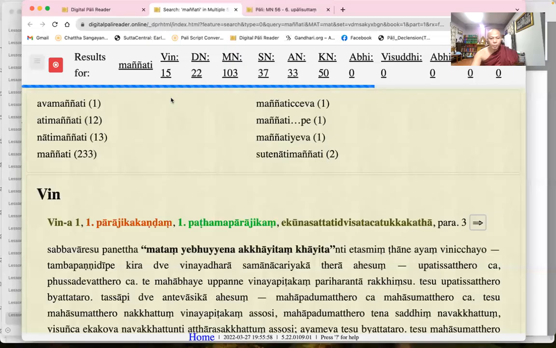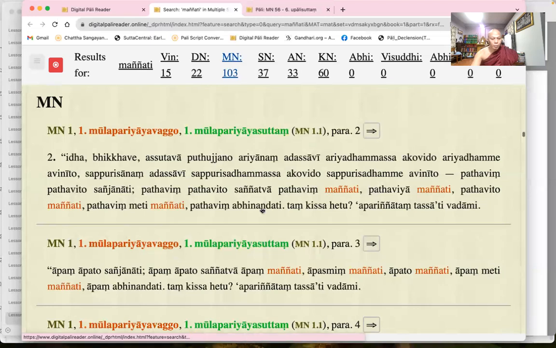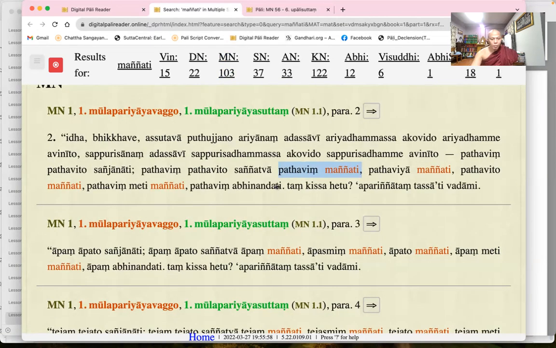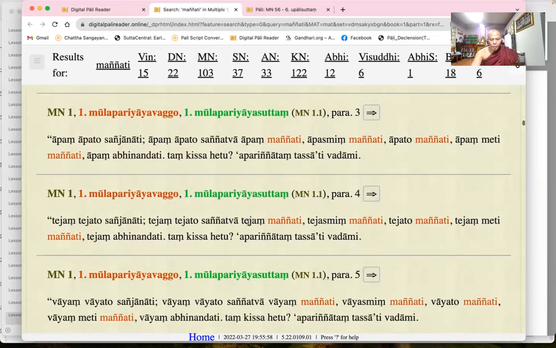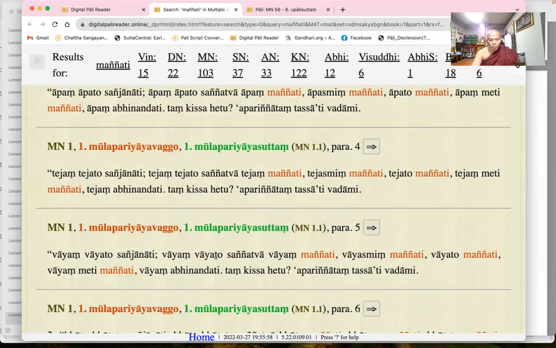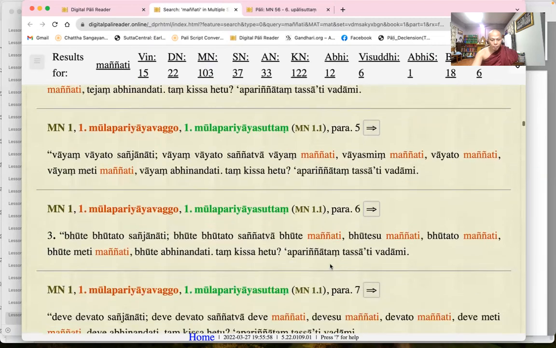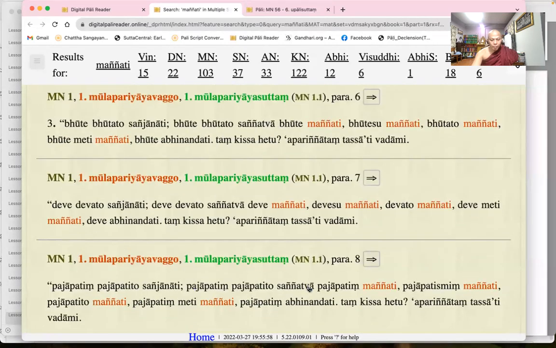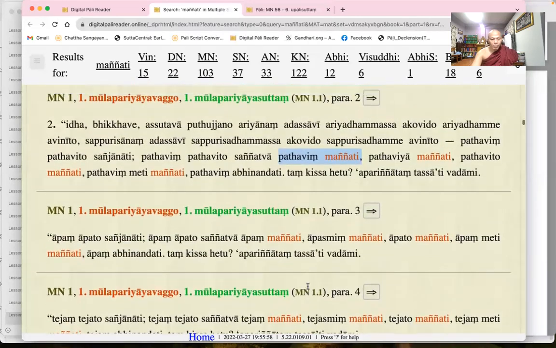Only in the Majjhima Nikāya we should find it. So here, pathaviṃ maññati. Okay, and apaṃ maññati. So from that one, tejaṃ maññati. Maybe the negative one is so vāyaṃ na maññati or vāyaṃ maññati. So viññāṇaṃ maññati, something. Okay. So that is not a complete sentence. Maybe with the previous line also.